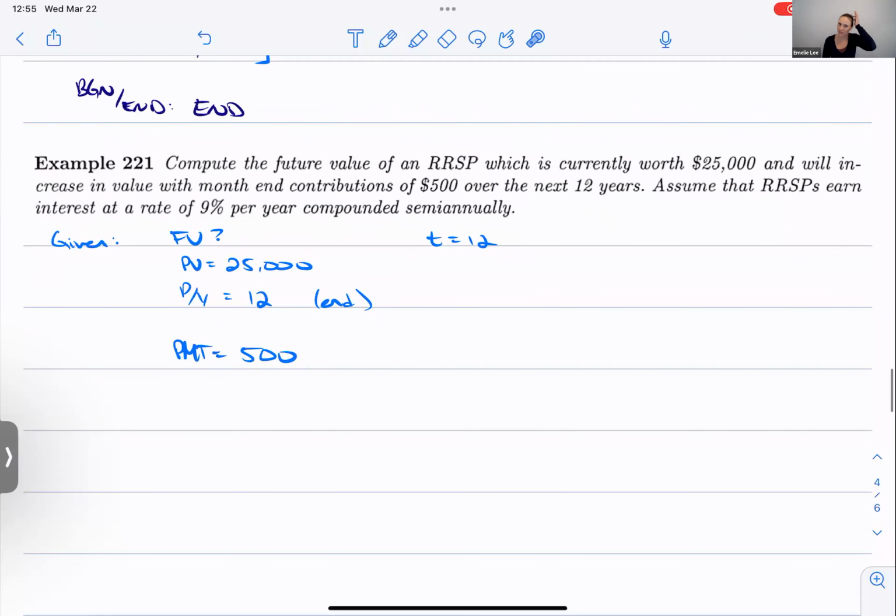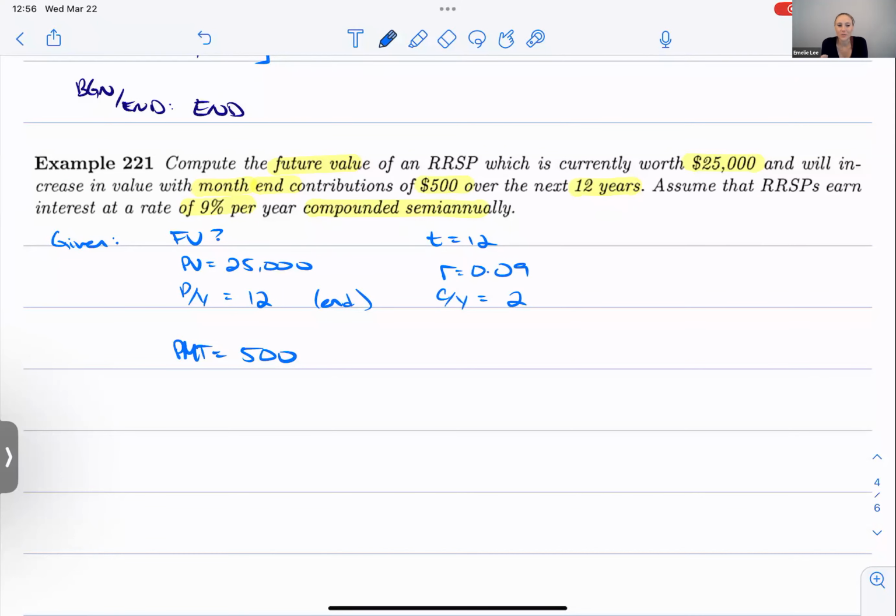So all I'm doing is attaching myself to all the key information and just jotting it down, right? For 12 years, the rate is 0.09 and the compoundings per year is semi-annually, so 2.